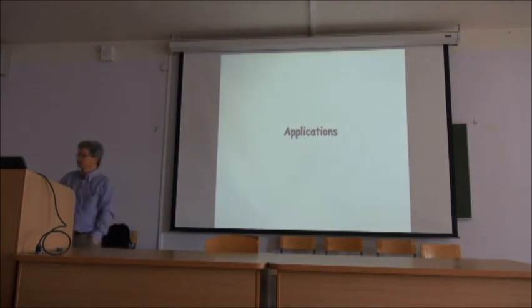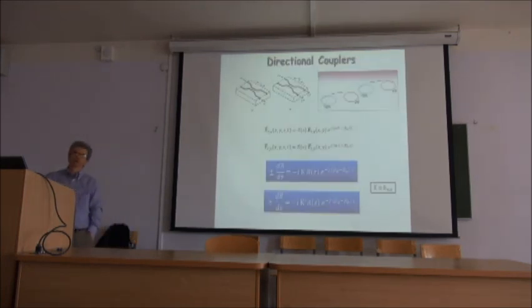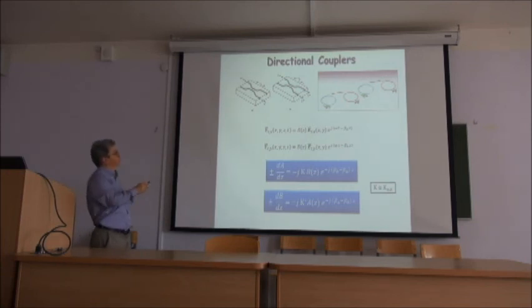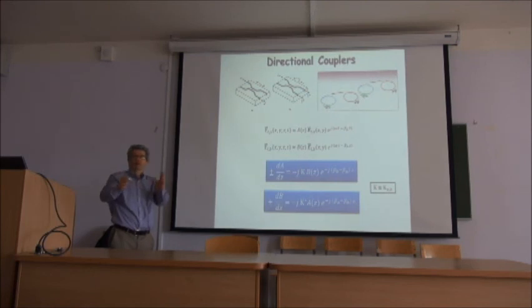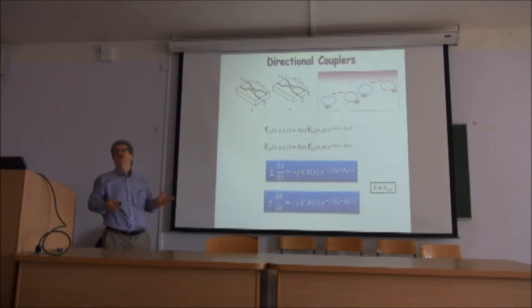Okay, so let's start to see something that connects with the real world. So let's start looking at a particular case we call directional couplers. So here I have a waveguide that, let's say, I know the modes there, and then I calculate those modes when the refractive index in this region here, this white piece, was that block of glass, and now the perturbation is the fact that I bring something here with a slightly higher refractive index.